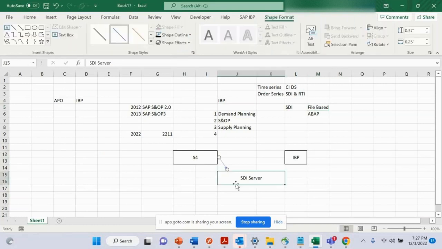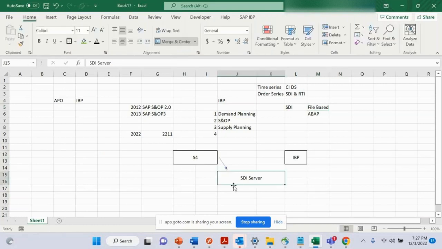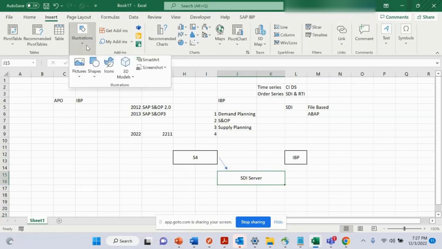And in the SDI server, in a particular path, we will have all the files like product, customer, location on the master data side. And on the time series based side, we have sales orders, open orders, and so on. And then we get these files from the SDI server to IBP in terms of the file based adapter.